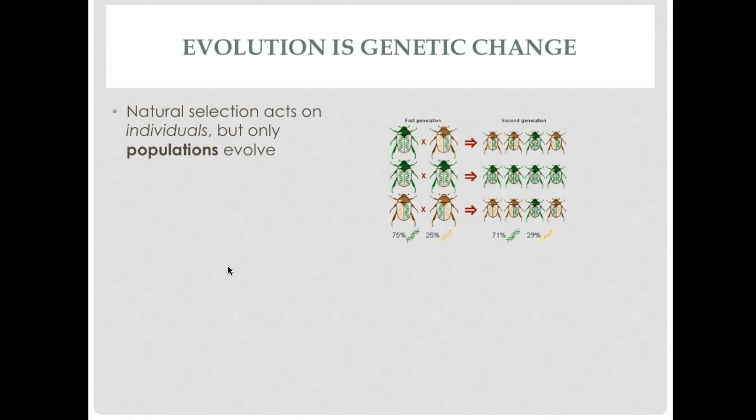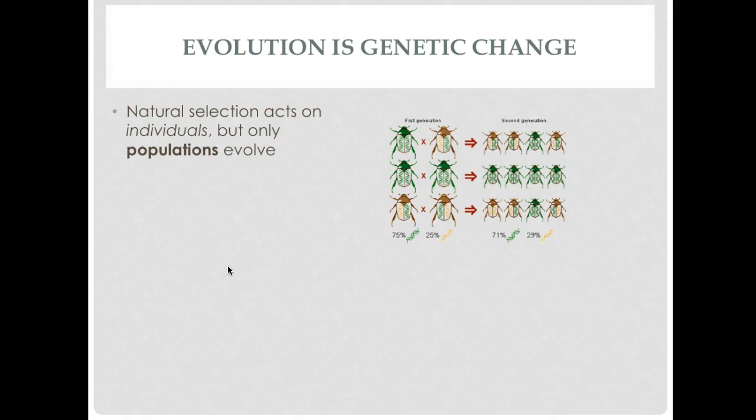Is it able to camouflage better or be faster or smarter, do something that can help it survive? So we talk about individuals, but remember that we don't evolve alone. It's populations that evolve. So if you have enough individuals that are being selected on by nature, is that going to cause enough of a change in the gene frequency that will eventually cause an entire population to evolve?